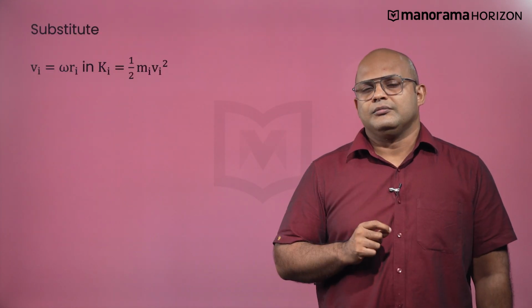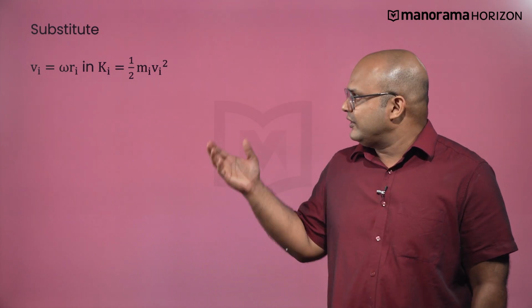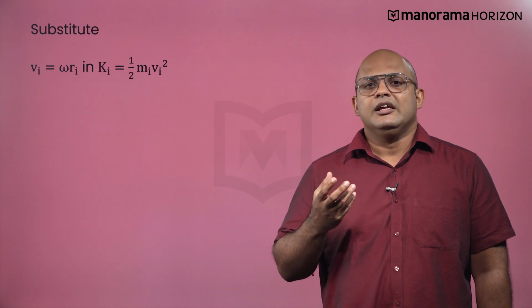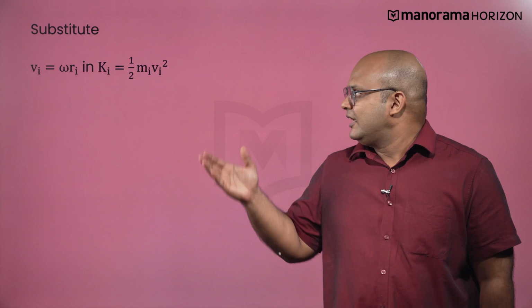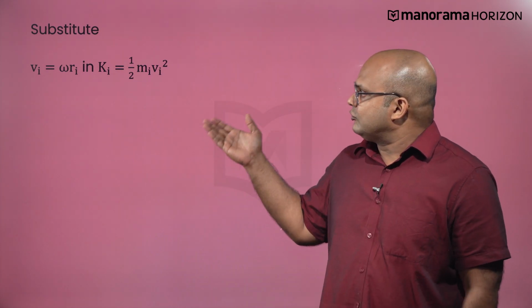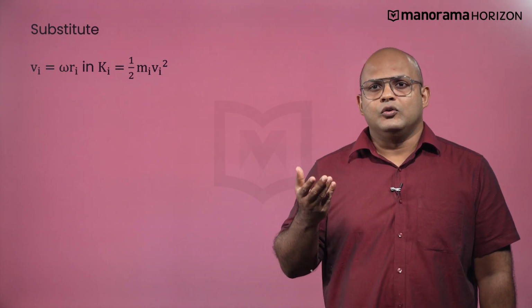If we substitute the formula for linear velocity in terms of angular velocity, that is Vi equals omega Ri, we can change the equation for kinetic energy in terms of rotation. So here we have Ki, the kinetic energy of the ith particle, equal to half times m times Ri omega.